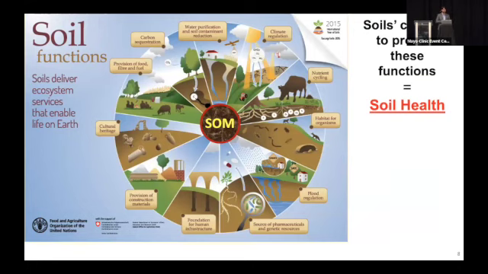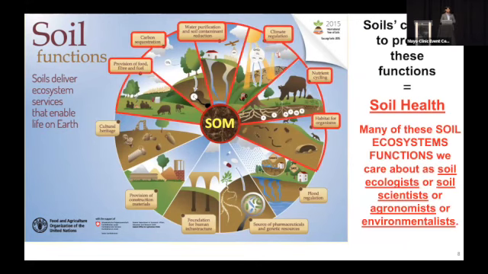If you look at these different soil functions, or all these ecosystem benefits, some of them that we are interested in: the provision of food, fiber, fuel, they're doing a lot of nutrient cycling, they're regulating the climate, they're also habitat for the organisms. Mostly all of these that I have highlighted here, as a soil scientist, as an ecologist, as an environmentalist, we are mostly caring about those things.